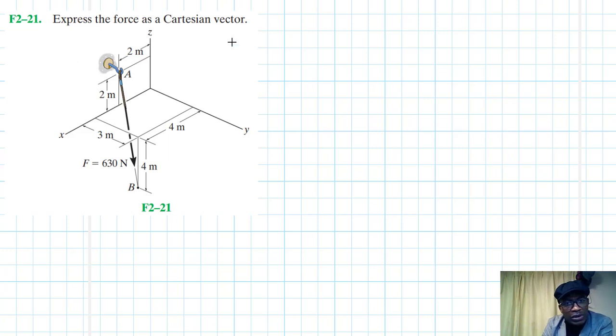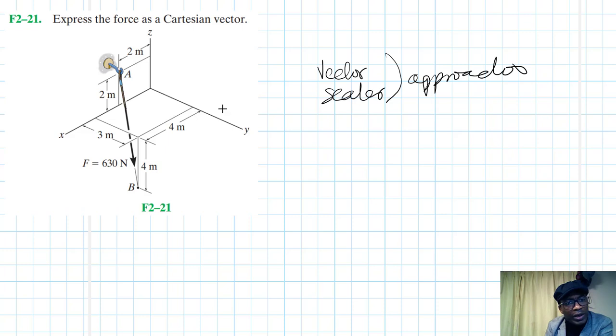So we can work out this problem by using vector method or scalar approaches or a combination of both. Okay, so we know that we need to find the position vector RAB. After that, we find the unit vector UAB, which is just going to be equal to RAB divided by the magnitude.